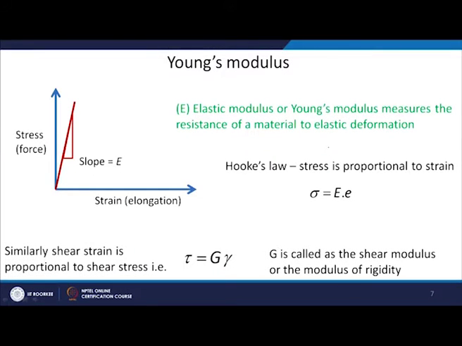So this is how elastic behavior will look in a typical stress strain curve. You have stress on the y axis and strain on the x axis. Please remember, when we do a tensile test, what we impose on the material is strain, not the stress.